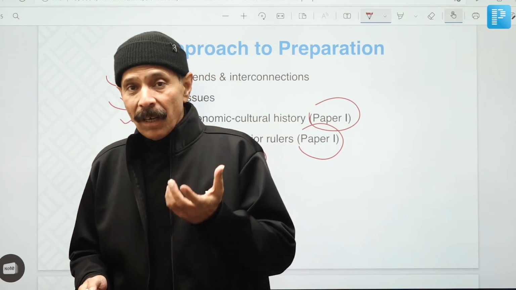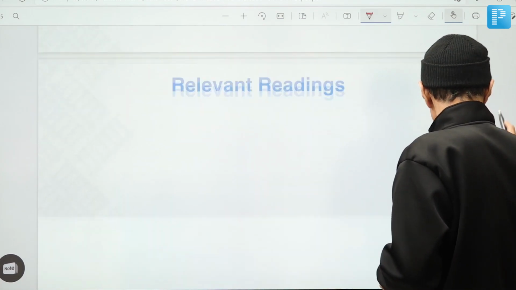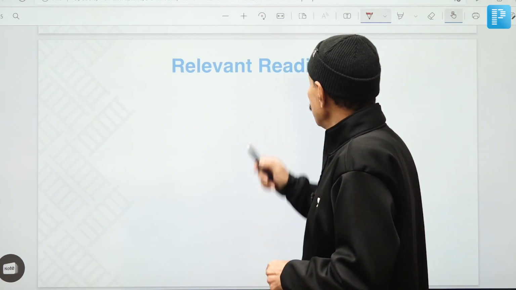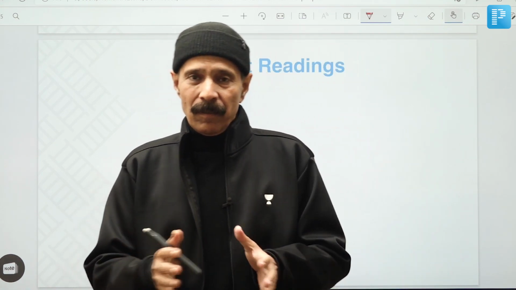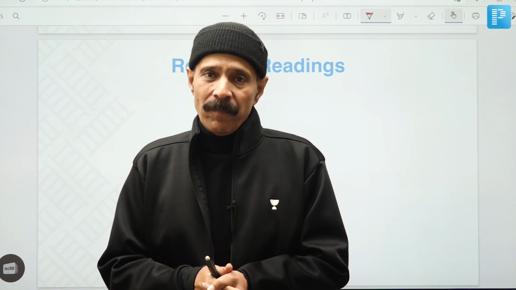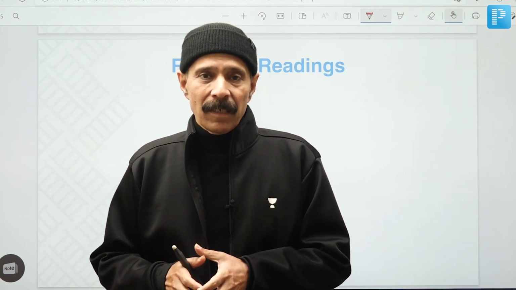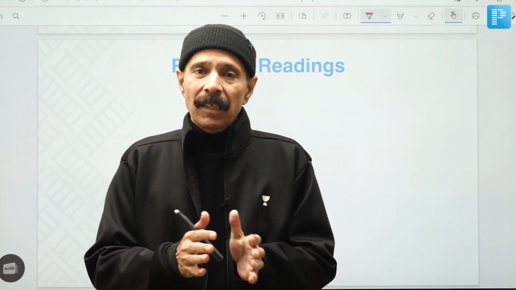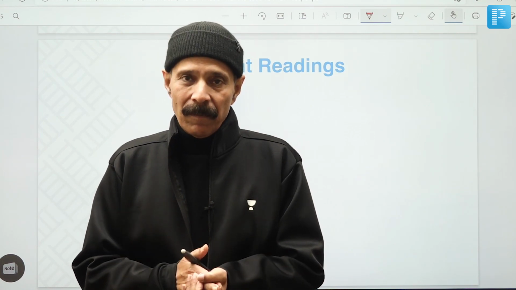Now I am moving on to the last aspect. And last aspect is relevant readings. There are so many books and they are good. But my personal opinion is that you first work on the past series NCERT of 11th, 12th standard.